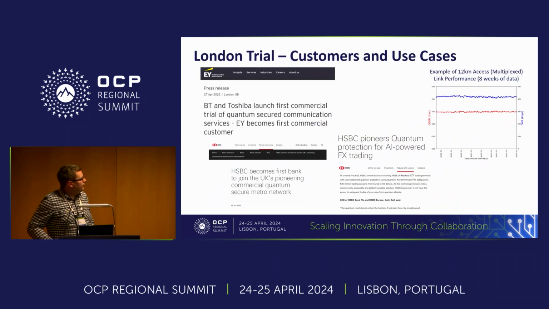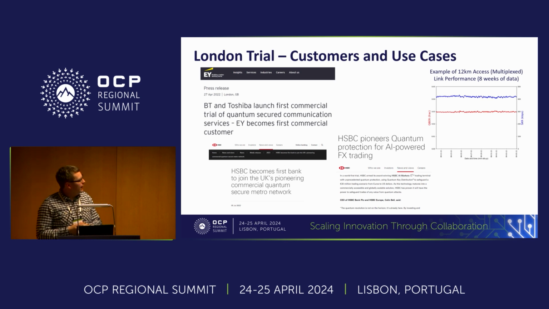So just to give you a few use cases from some of the customers. We've got EY and HSBC on the network, and we can see a number of their press releases. HSBC recently ran a simulated trading scenario over the trial network.